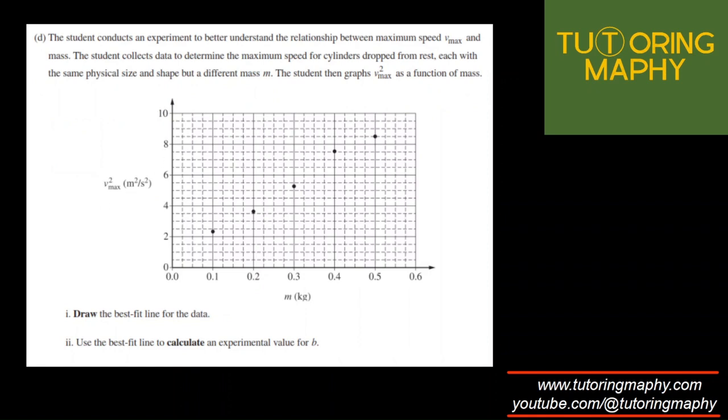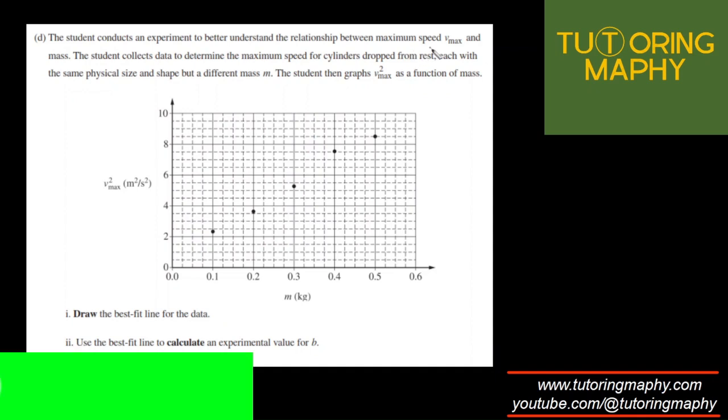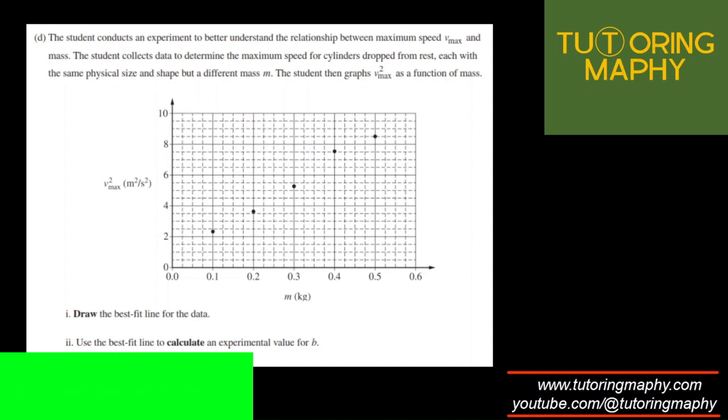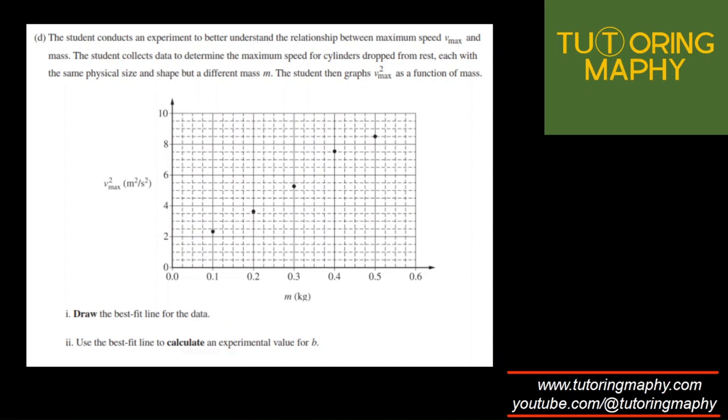All right. The next one is the student conducts an experiment to better understand the relationship between the maximum speed and the mass. The student collects the data to determine the maximum speed for cylinders dropped from rest, each with the same physical size and shape, but with a different mass m.